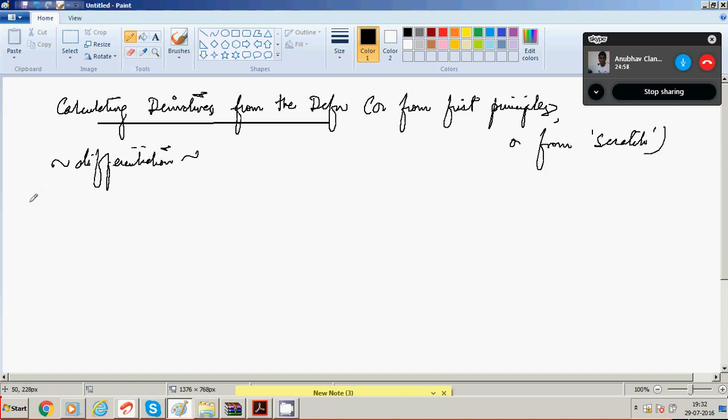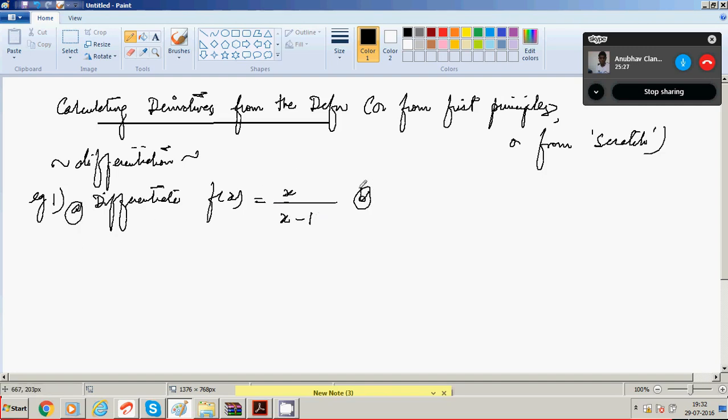So example 1, differentiate f of x equal to x over x minus 1. This is part A of the question.